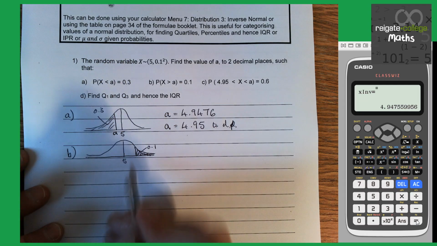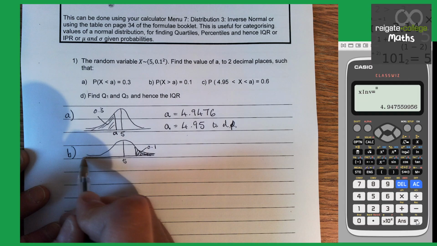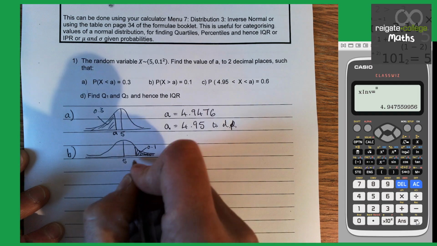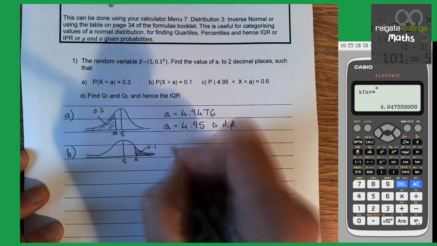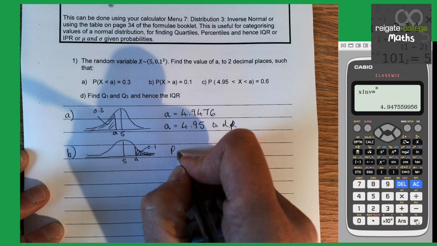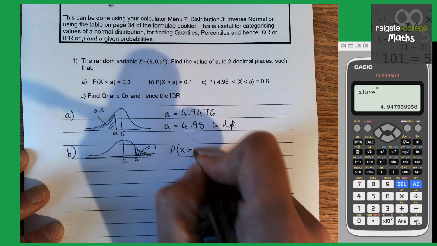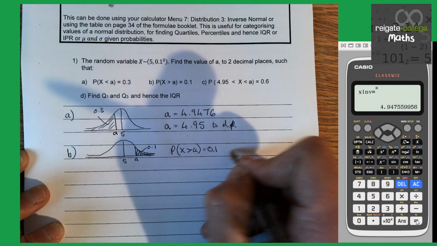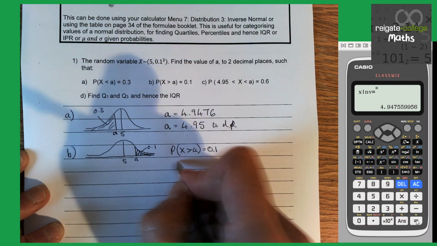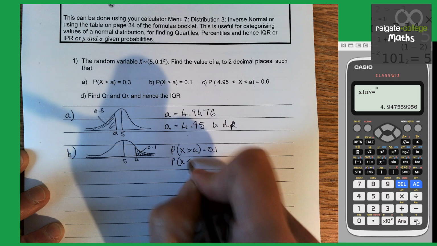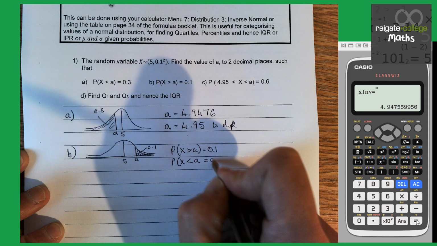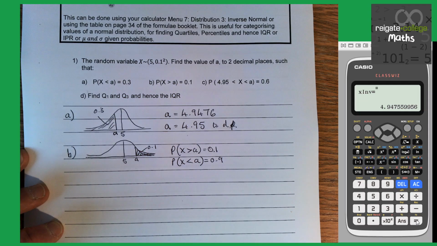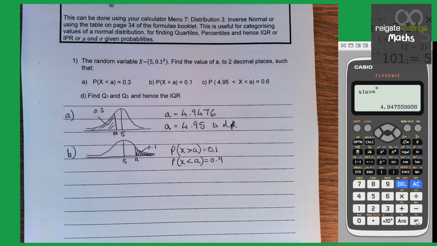Now the calculator only finds the areas to the left of the value. So this time we're going to say that the probability that x is greater than a equals 0.1 is the same as the probability that x is less than a is 0.9. So it's actually that area 0.9 that we're going to put in the calculator.